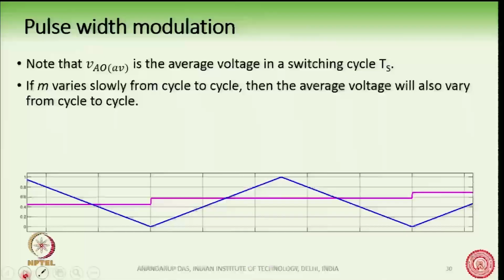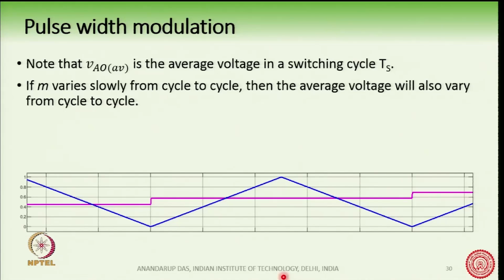For example, as shown in this diagram, the value of the modulating waveform in the first switching cycle is here, in the second switching cycle it has been slightly increased, and in the third switching cycle it has been further increased slightly.